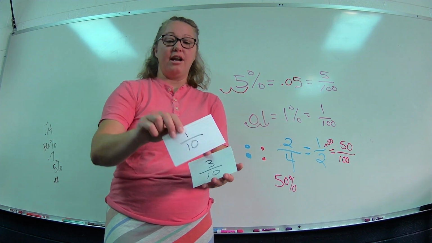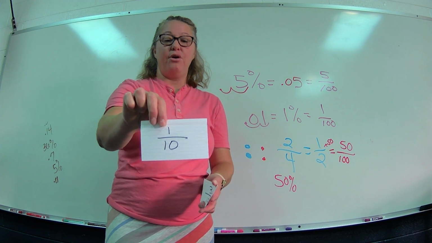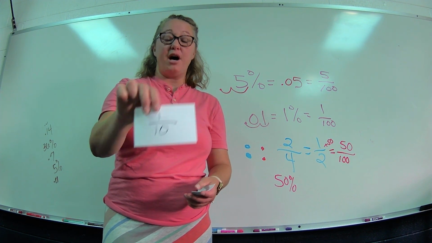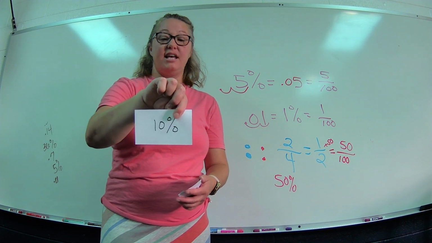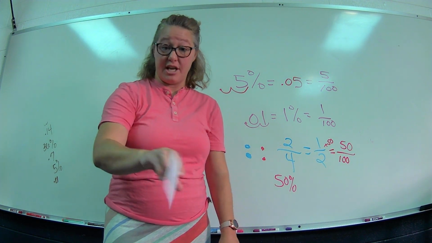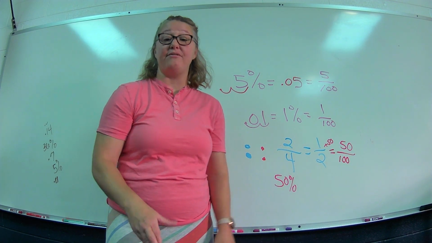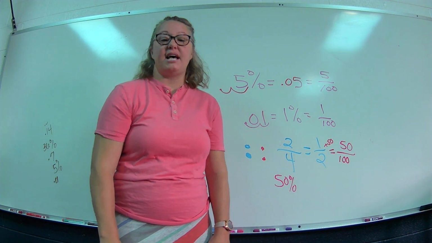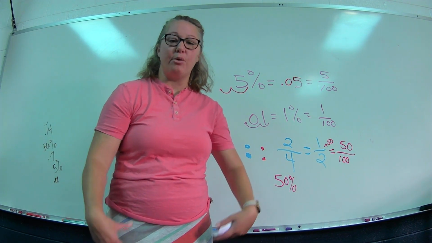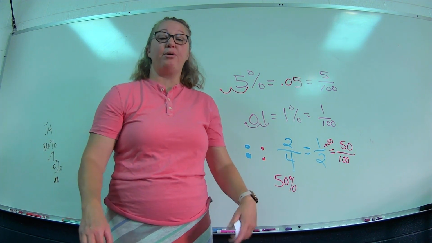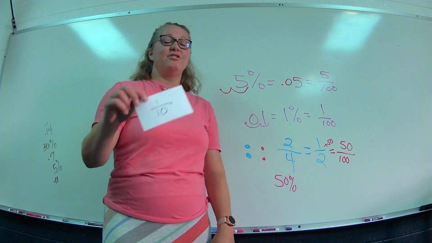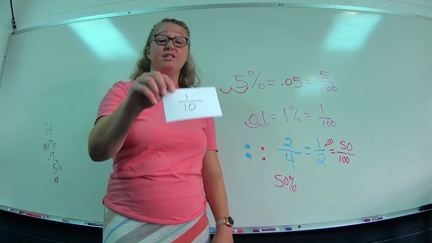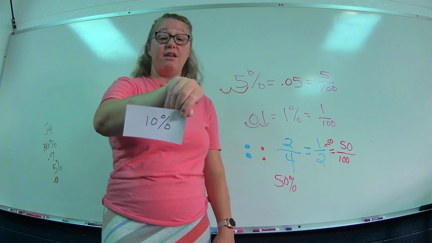All right, here we have 1/10. Well, 10 goes into 100 10 times. So 1/10 is 10%. A lot of your tests and quizzes have 10 questions, and people always ask, well, how many points off? Well, the perfect score is 100. So if you only have 10 questions, that means they're each worth 10%.